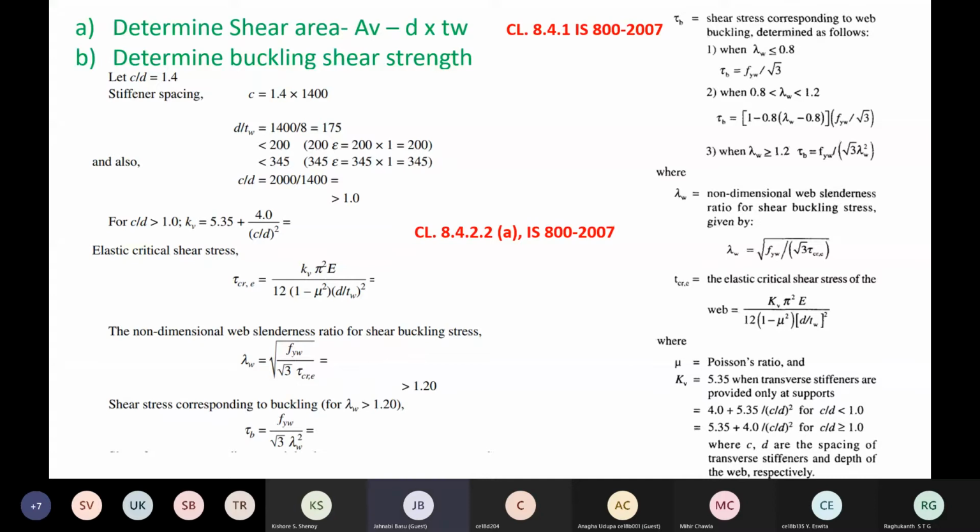You already know d and tw, you can get the ratio, whether it is less than 200 epsilon and 345 epsilon. After that, you can also check what is c by d ratio. c is 2000 here and d is 1400. So you can calculate what is c by d ratio and check whether it is greater than or less than 1. So what is c by d ratio you are getting?